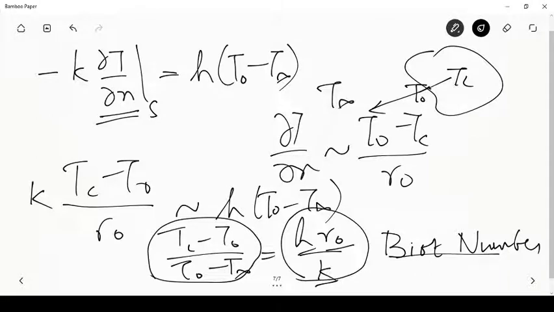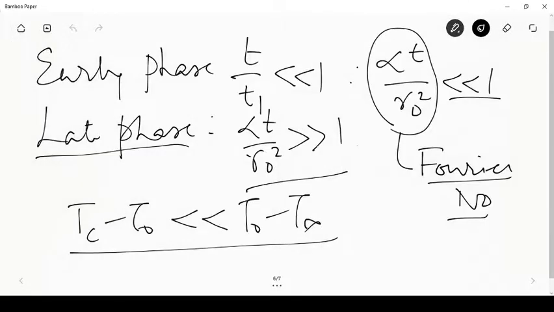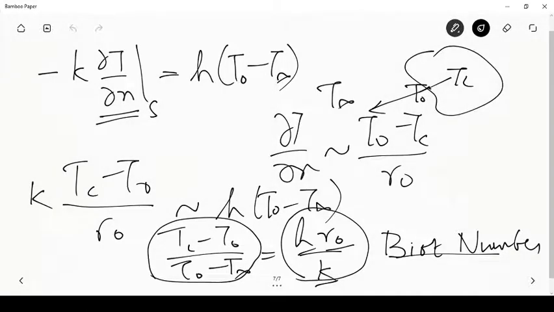And what is it that we are looking at? We are looking at the requirement for Tc minus T0 to be much less than T0 minus T infinity. So Tc minus T0 by T0 minus T infinity should be much less than 1. And if I go back here, Tc minus T0 by T0 minus T infinity is actually not equal to, but of the order of H R0 by K. So this Biot number must be much less than 1 in order that this be much less than 1, so that we can apply the lumped capacitance method.